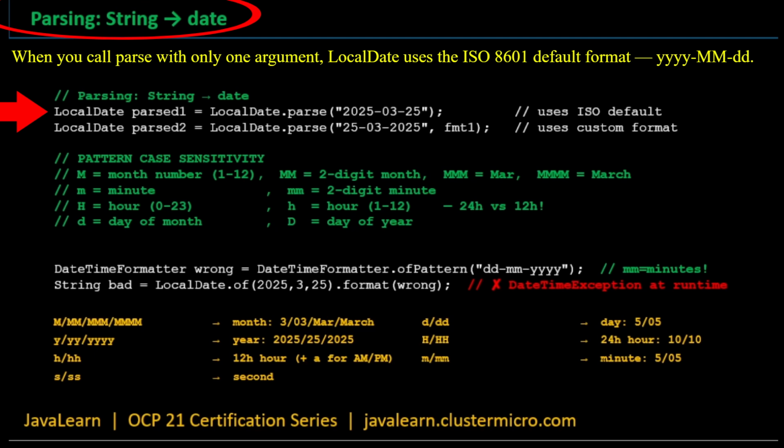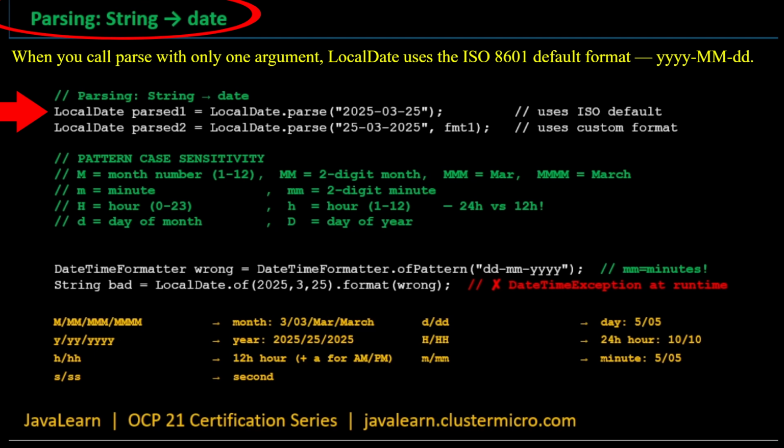The string 2025-03-25 matches this format exactly: the 4-digit year, hyphen, 2-digit month, hyphen, 2-digit day. The result is a local date representing 25th March 2025. This is the simplest and most common parsing pattern. If your string is already in ISO format, year first, then month, then day, all with hyphens, then you do not need a formatter at all.